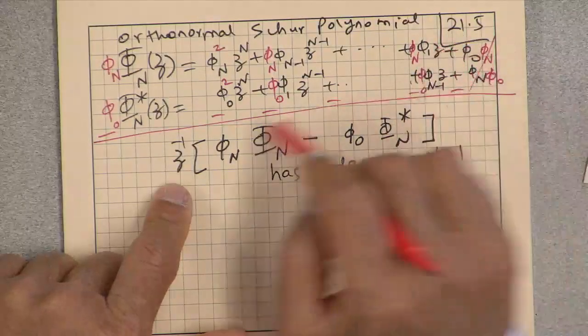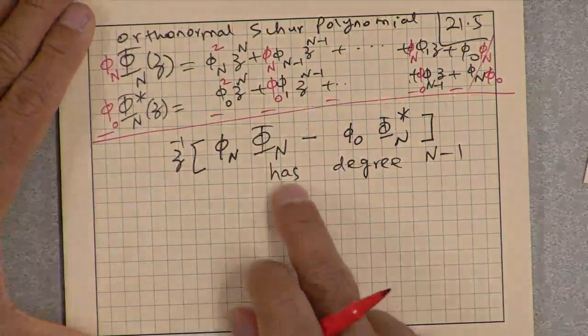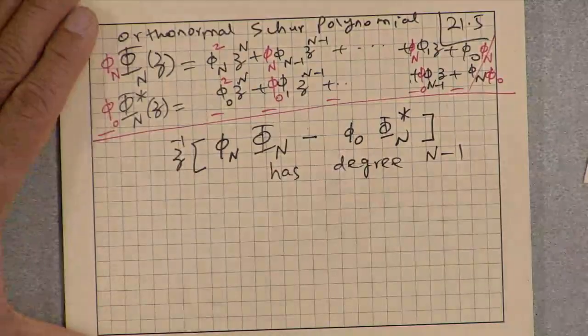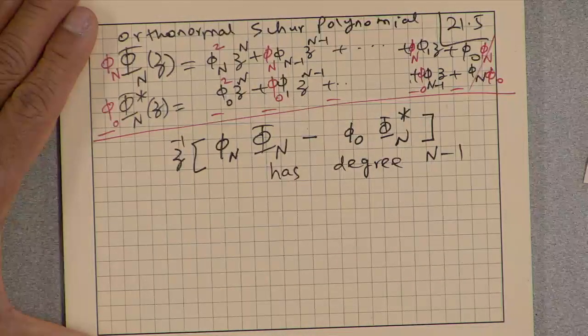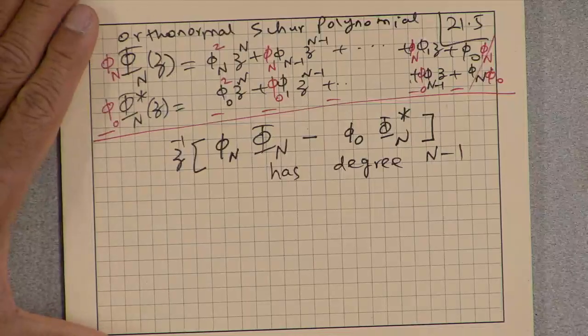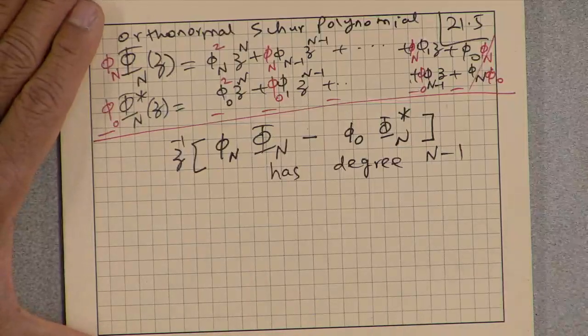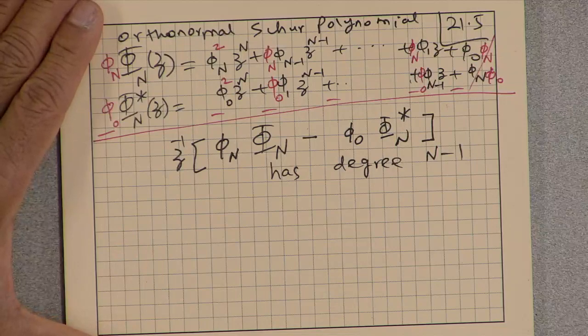That's it, because the z and z inverse will cancel out, and that will have degree n minus 1. So that's really the essence of reducing degree.